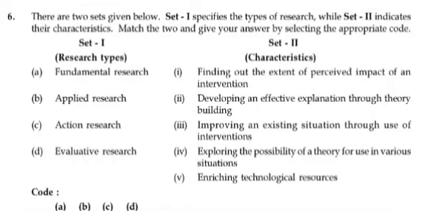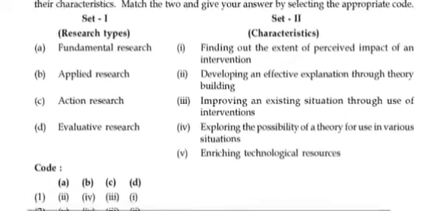In set 2, we have got characteristics: finding out the extent of perceived impact of an intervention, developing an effective explanation through theory building, improving an existing situation through use of interventions, exploring the possibility of a theory for use in various situations, enriching technological resources.